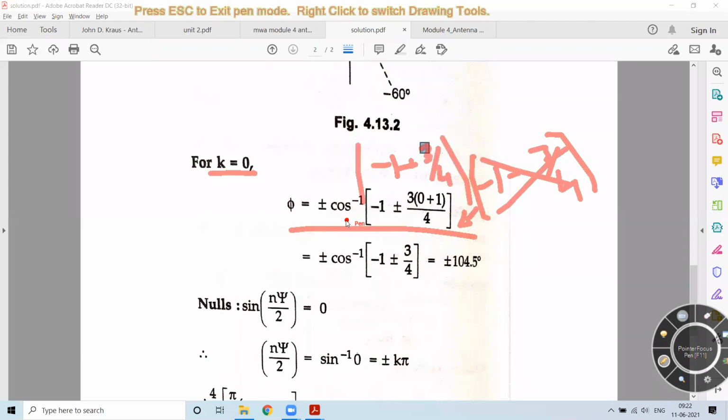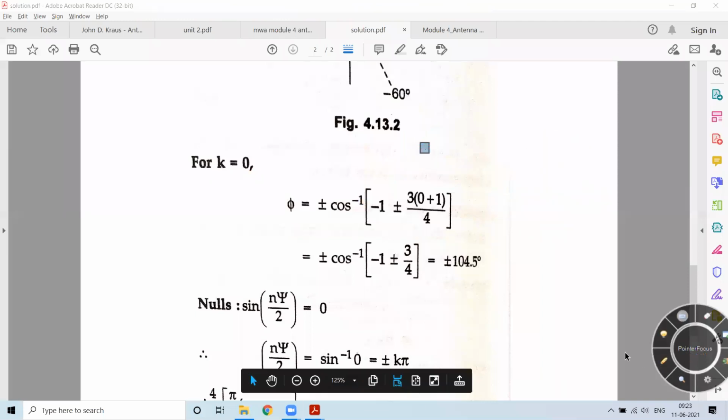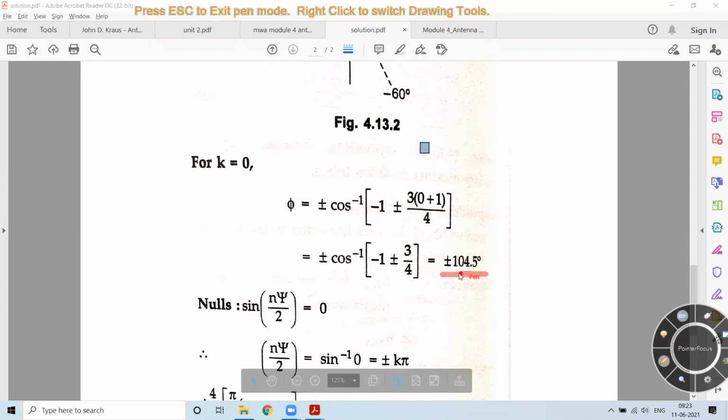So I'll be able to obtain the cos inverse in this case, but not for the other. When you solve this equation, you get around plus minus 104.5 degrees. Similarly, you try for the next value of k.